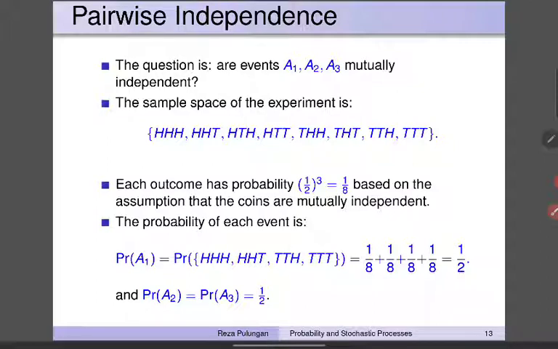Now let's look. Because we have three coins, the results produced by these three coins are basically randomly determined quantities. So we can model this simply by assuming we have a sequence that consists of three components, namely the result of the first coin, the second coin, and the third coin.